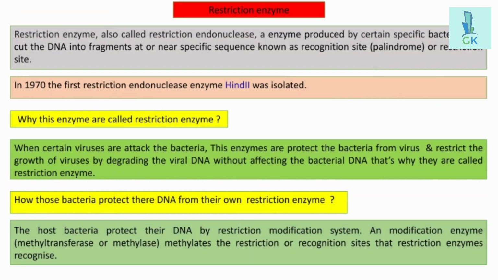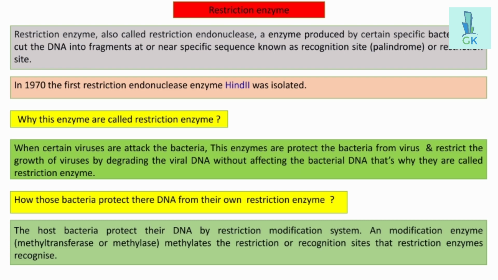So we can start our topic, restriction enzyme. A restriction enzyme, also called restriction endonuclease, is an enzyme produced by certain specific bacteria that can cut DNA into fragments at or near specific sequences, and those sequences are known as restriction sites or recognition sites.